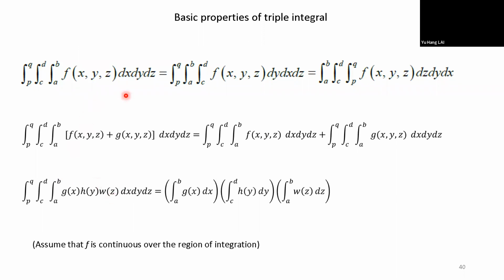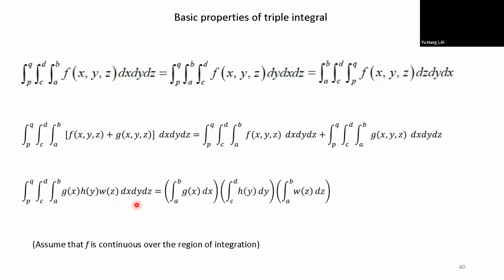So here are some basic properties. Again, nothing would really be surprising to you. The first one just means that if you reverse the integral variable, you still get the same result. The second one: if I'm integrating the sum of two functions, it is equivalent to integrating each function individually and then adding them up.